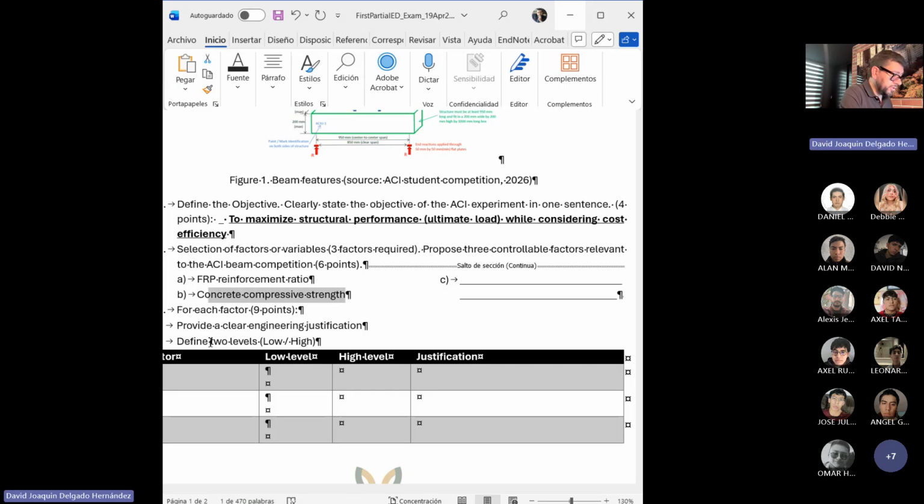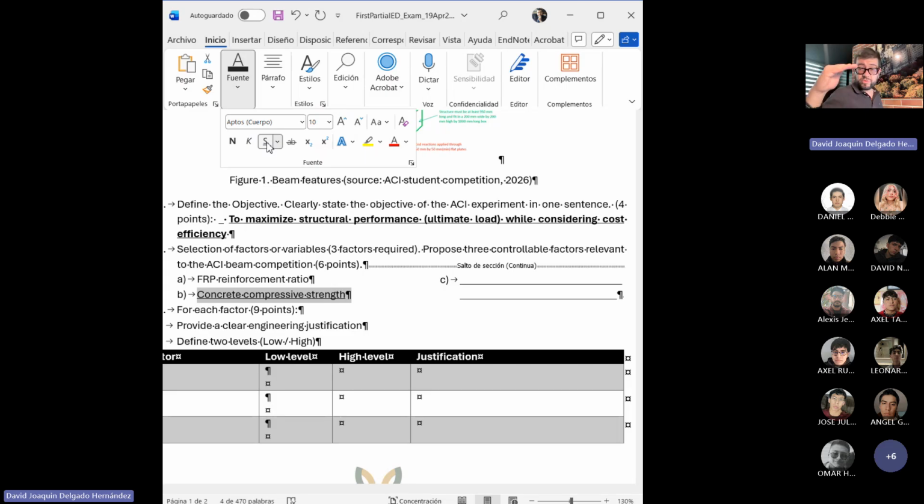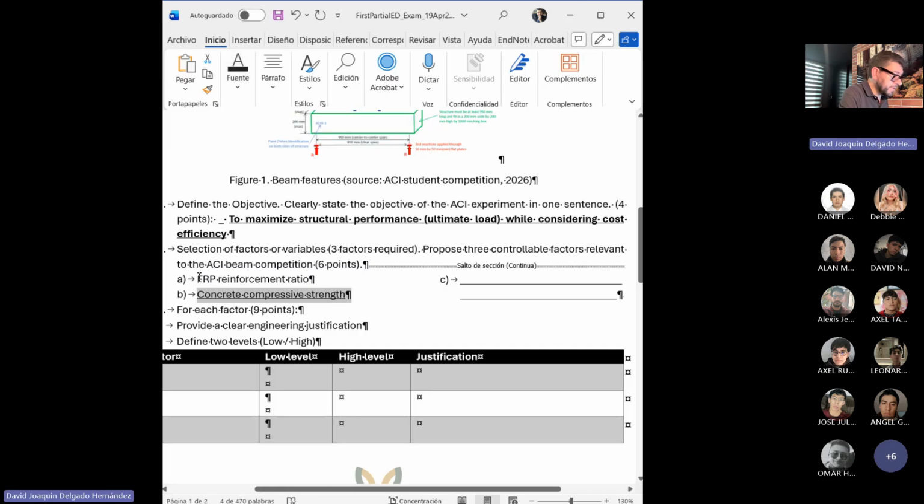Okay, so do you remember that I told you about this relation between the cement and the water? If you have more cement, the strength of the concrete is greater than the case in which you have more water. If you have more water in the mix, then the resistance is going to decrease, okay? So let me underline this. Here we are.